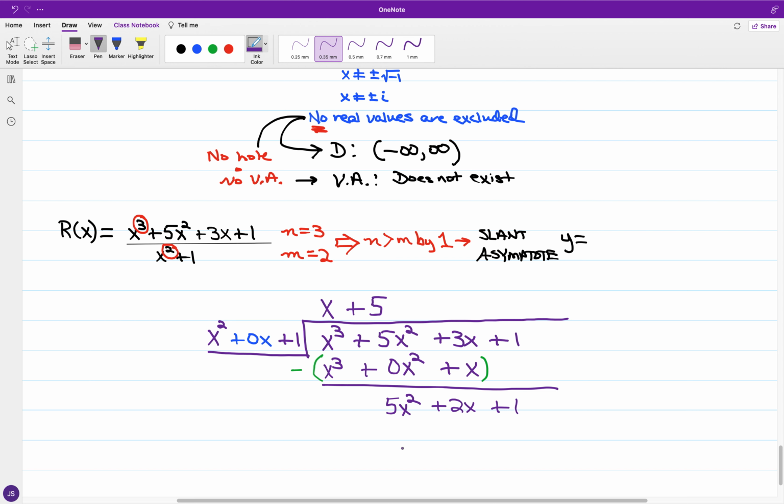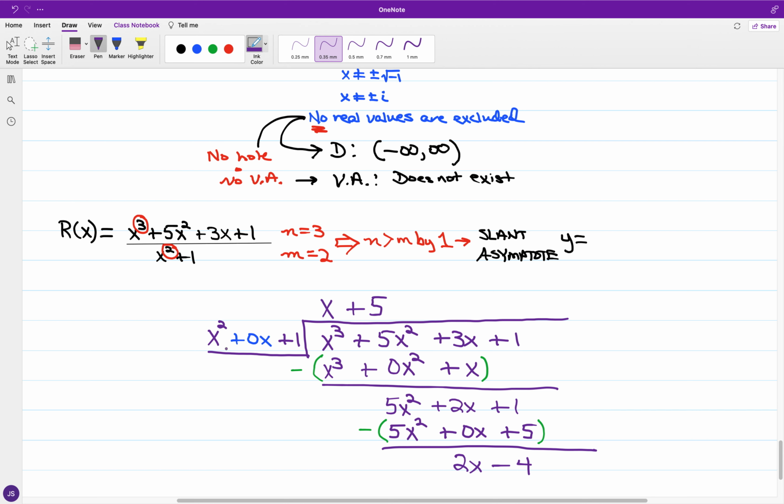And distributing, we got 5x squared plus 0x plus 5. And we have subtract, so 5x squared goes out, and we got 2x minus 0 is 2x, and 1 minus 5 is going to be negative 4.